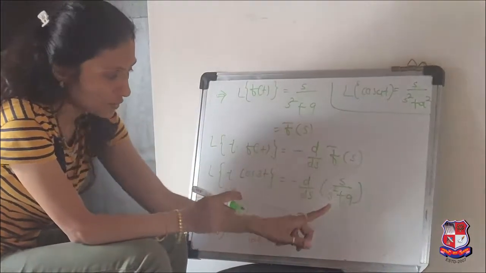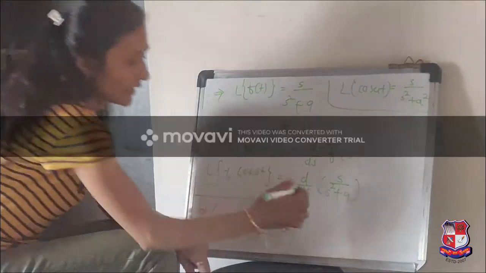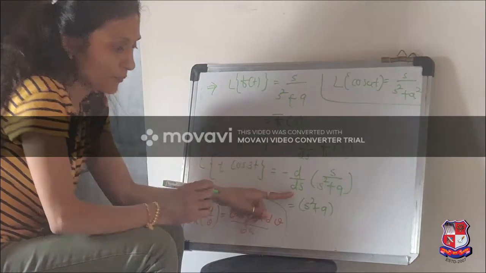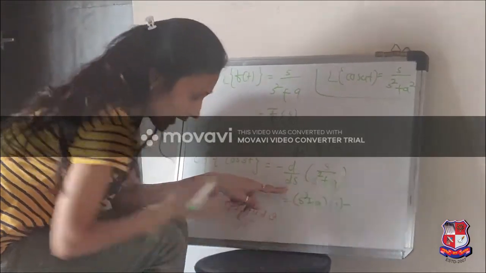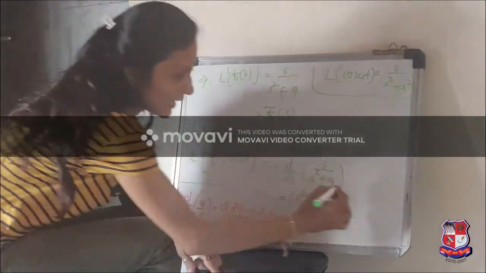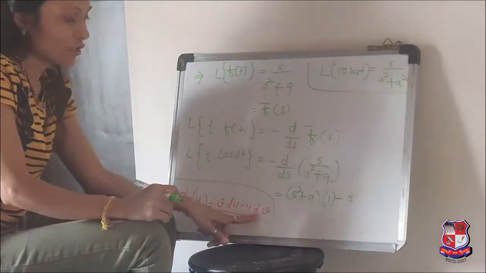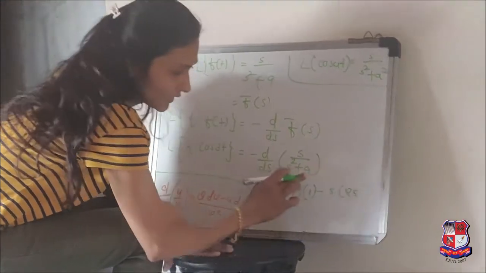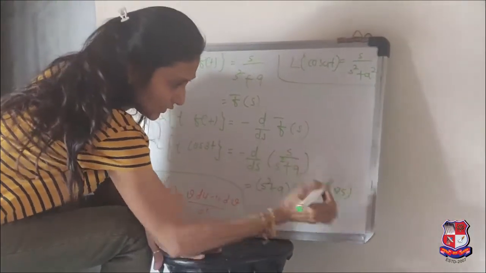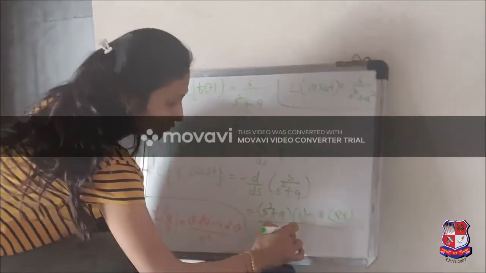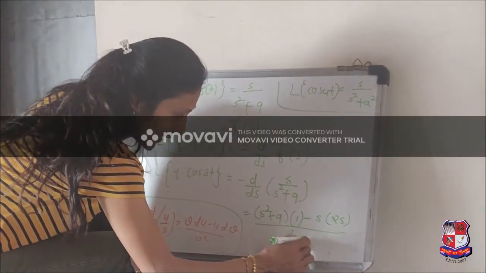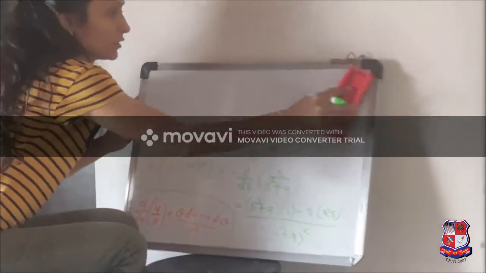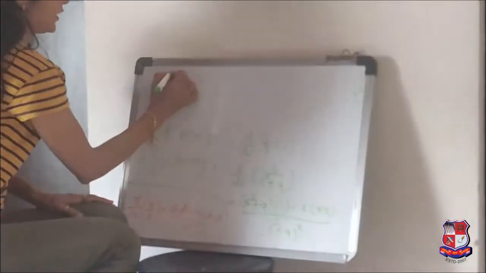First of all, this is u, this is v, that is s square plus 9. Derivative of s with respect to s is 1, minus u, that is s as it is, times the derivative of v. Derivative of s square plus 9 is 2s, since 9 is a constant, its derivative is 0, over s square plus 9 whole square.